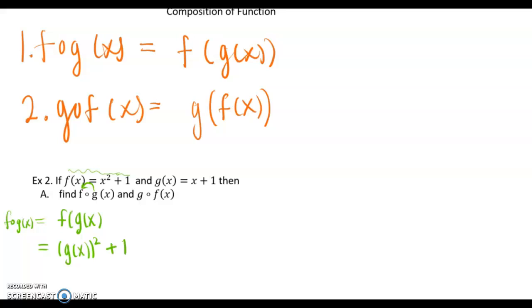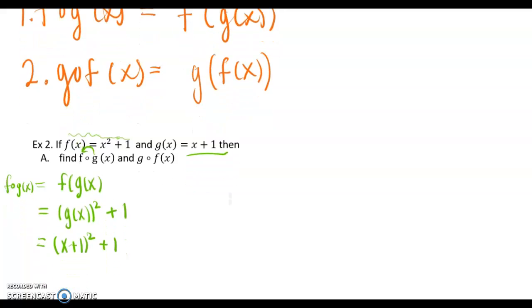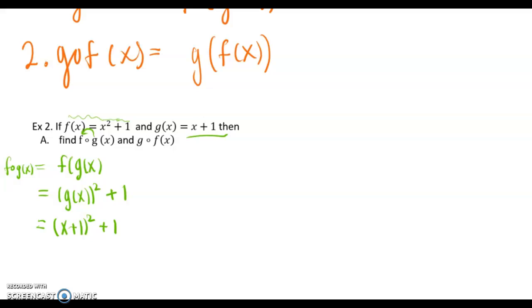Well, what is g of x equal to? That's x plus 1. So now you're going to be substituting that in. And then you could simplify this. So this would be x squared plus 2x plus 1 plus 1. So x squared plus 2x plus 2.